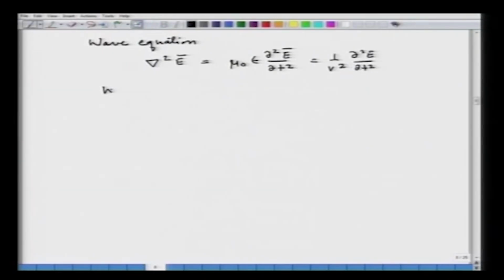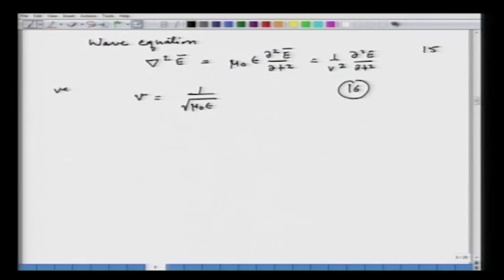a wave equation, and this wave has a velocity v, which is going to be given by 1 over the square root of mu naught epsilon. So, this is the velocity of the light, which is represented by the wave equation 15. So, the light wave is basically a solution of equation 15.